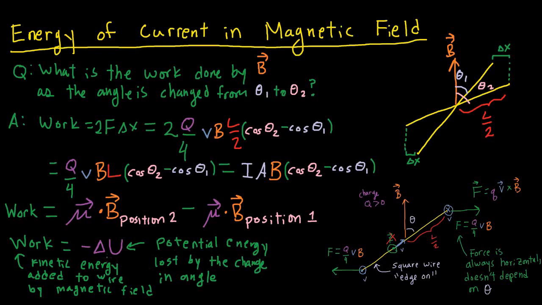So, okay, well, what did I write here? What is this kinetic energy I'm talking about? What kinetic energy was added to the wire? Well, just think about what's really going on in this situation, right? We have this wire which makes an angle with the magnetic field, and we have this constant force which is always pointed in the same direction and has the same magnitude no matter what theta is.